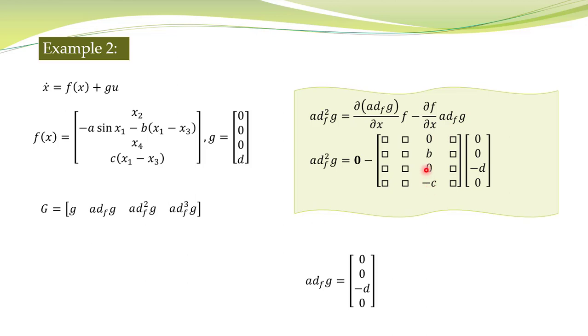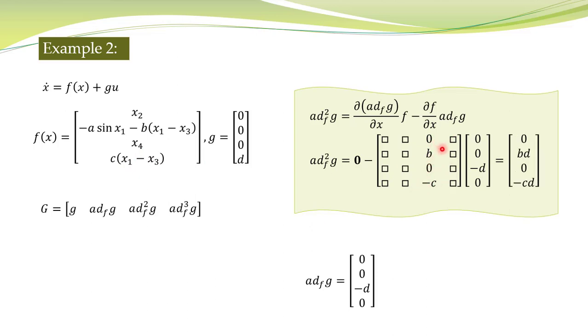So over here I have computed the third column, the rest I have not computed, because whatever is over here, that multiplied with 0, 0, and this 0 will be 0. So only this third column is computed, which is the derivative of f with respect to x3. So the derivative of this thing with respect to x3 is b, the derivative of this term with respect to x3 is minus c, and the rest of the derivatives are 0.